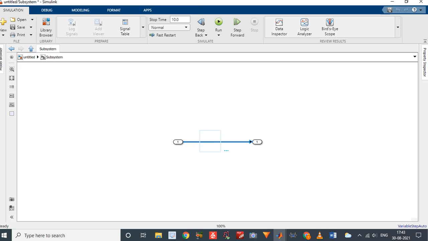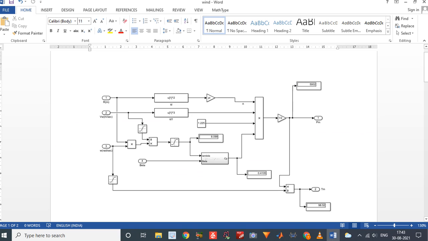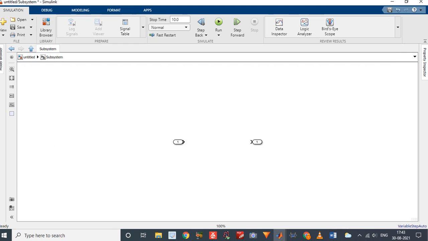So delete this. We are going to create this one. Okay, PM, and we are going to click order. Just this one will be PM for us. Just write a name for PM. The output will be the mechanical output power.